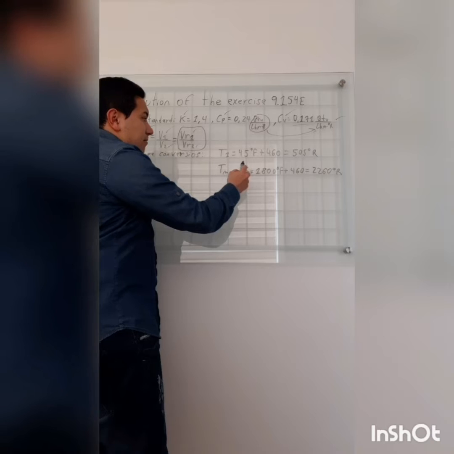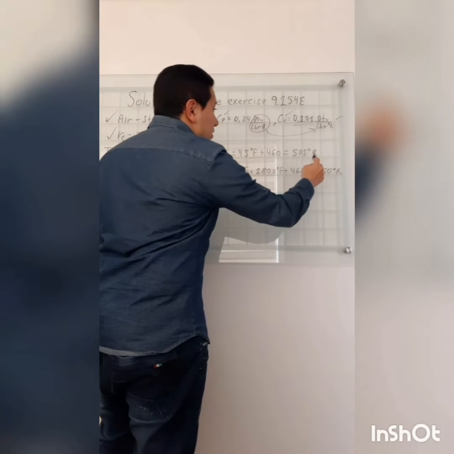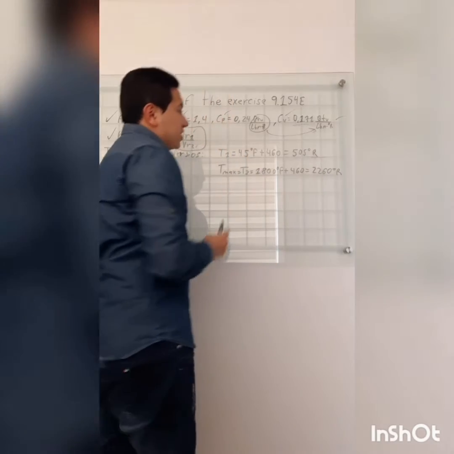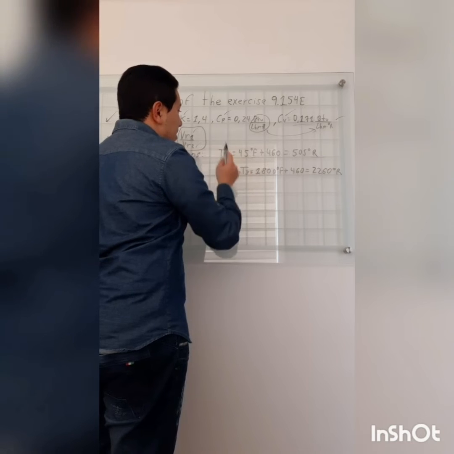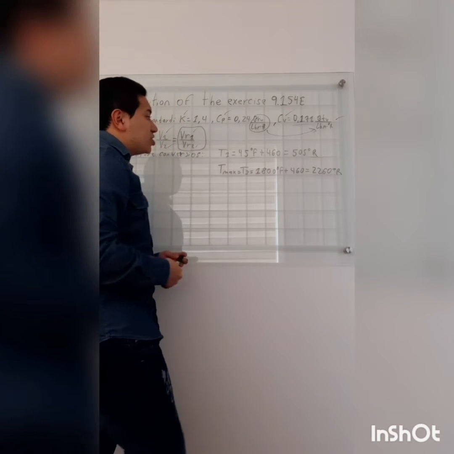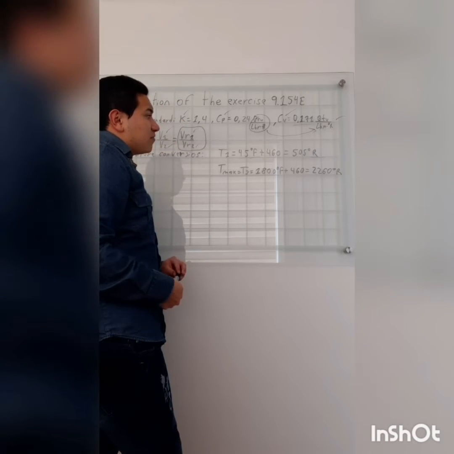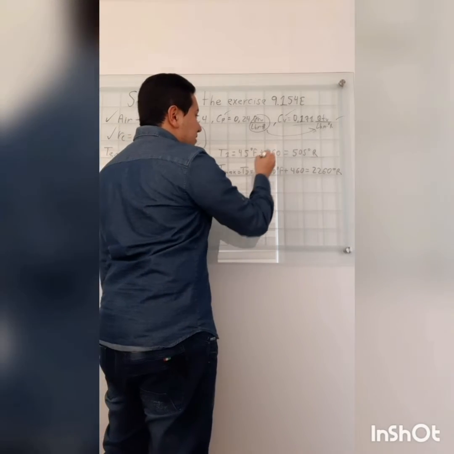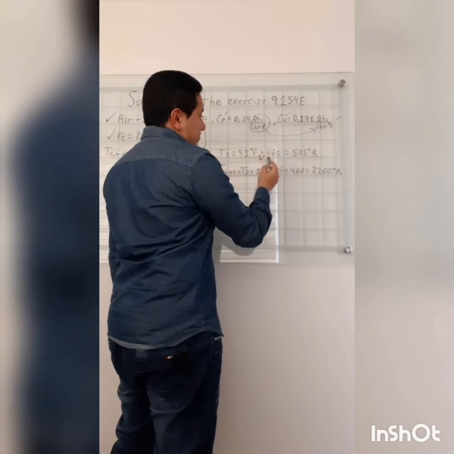Okay, now temperature conversions, that are passed from Fahrenheit degrees to Rankine degrees. In this part, we take this value, that is the value of temperature 1, it's 45 Fahrenheit degrees plus 460.